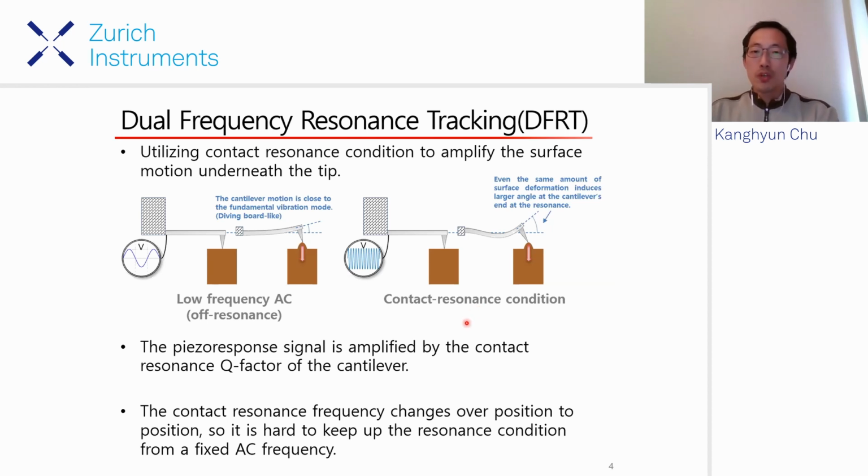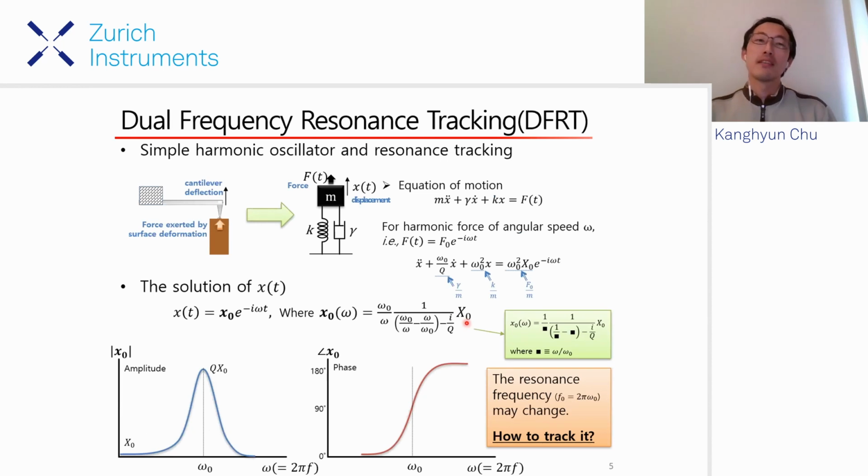So to do so, we use the sideband frequencies to track the resonance frequency of the cantilever. Here, I drew a simple diagram of the model system. We have the sample here, and the cantilever and the tip sitting on it. We can model this whole system as the simple harmonic oscillator we learned as freshmen. There is some mass and an elastic constant, the spring, and a damping factor.